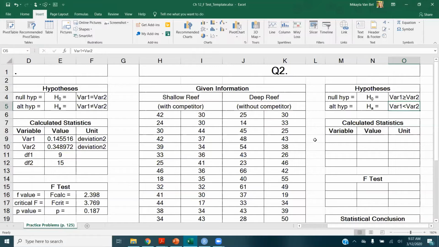The rest of the test is performed the same. So I'll go ahead and calculate var1, var2, degrees of freedom 1 and degrees of freedom 2.